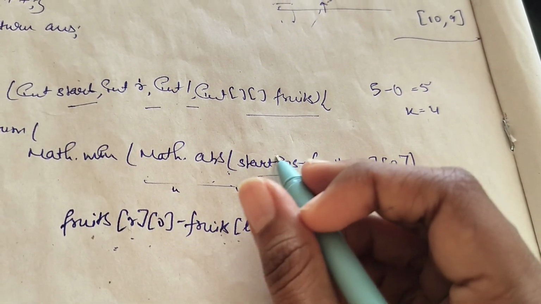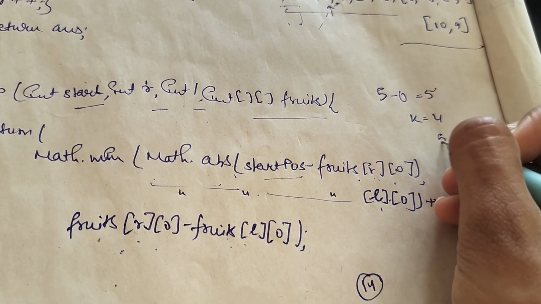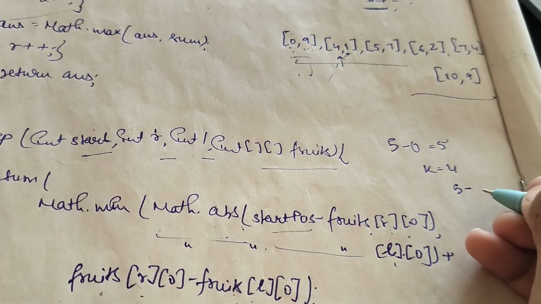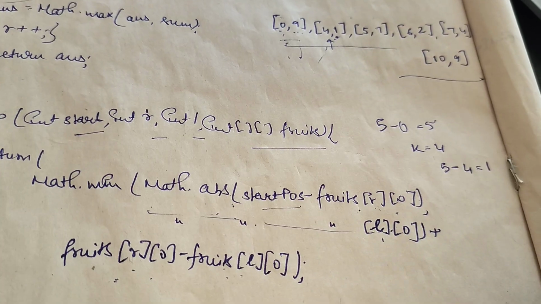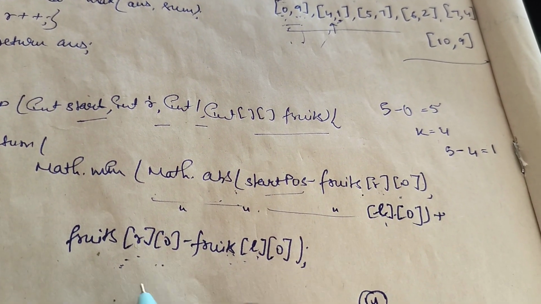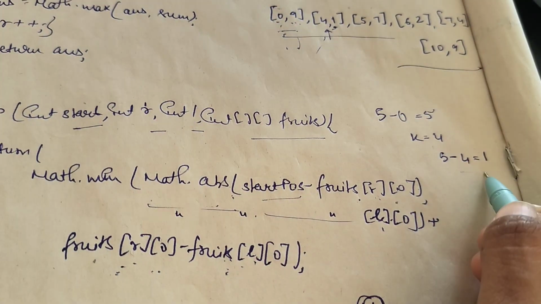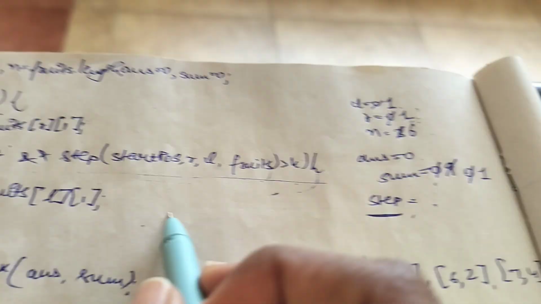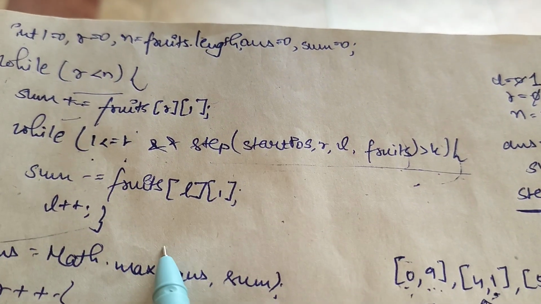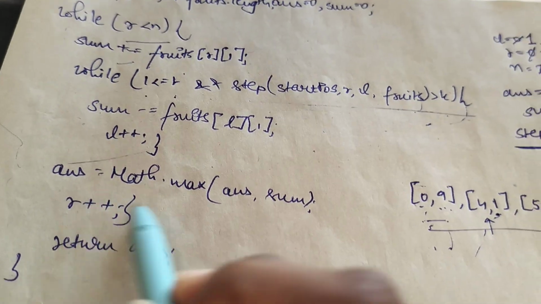What is my starting position? 5, and the position of fruits[0] is 4, so the value is 1. Again these two are equal because right and left are equal, so these will be cancelled out. Now I'm getting this value as 1. Since it is smaller than k, we are not going to go inside this loop. Now what will be the answer?